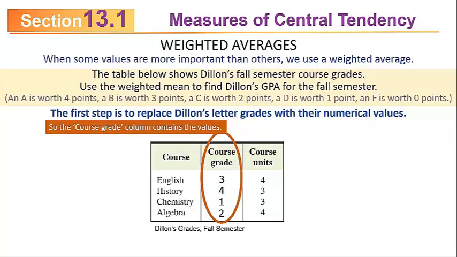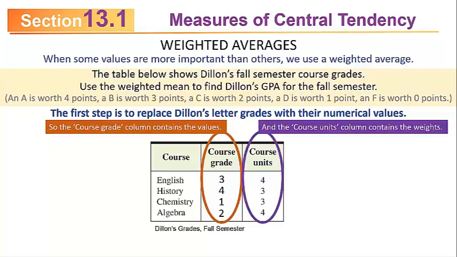The course grades, now that they've been changed to numerical values, are what we're trying to use to calculate the GPA. The course unit column are the weights. It tells us, for instance, that a 4-hour English course is worth more and weighs more than a 3-hour history course, and so on down that list. So the course units represent the number of credit hours for that course, and those represent the weights.